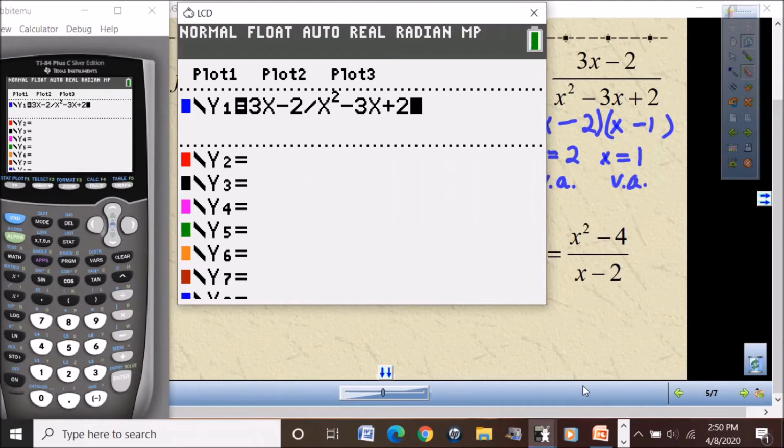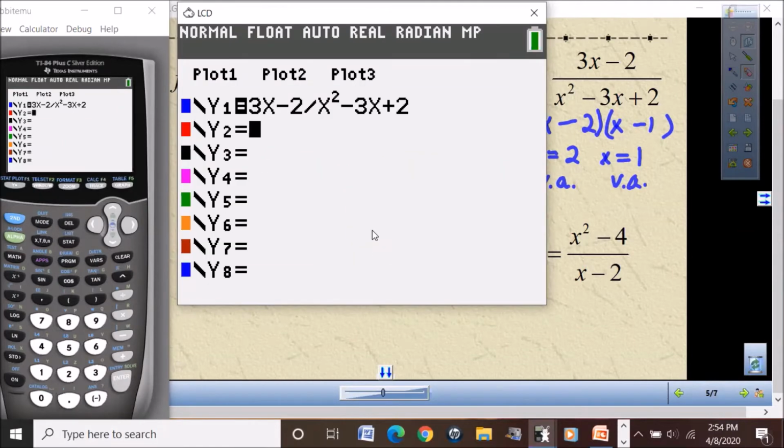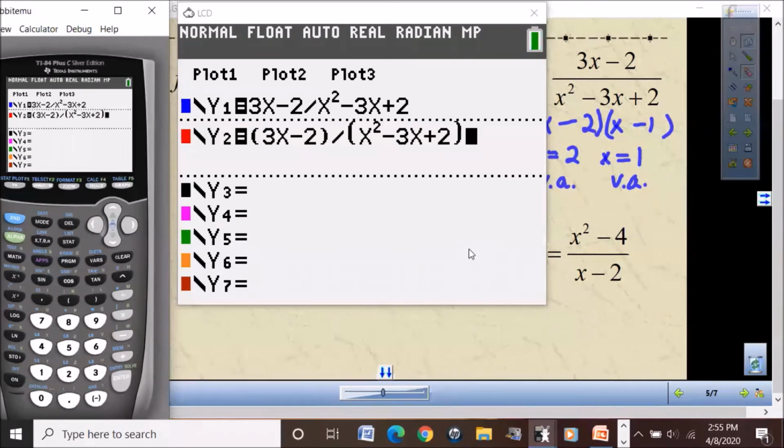Similarly, the way I entered this function into y1 is not going to give me the graph of 3x minus 2 over x squared minus 3x plus 2. This blue graph is not the correct graph. If we want to see the correct graph, we need to group the numerator within a set of parentheses and group the denominator within a set of parentheses, like this.